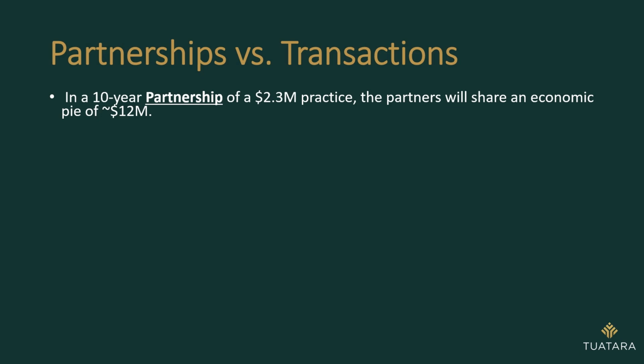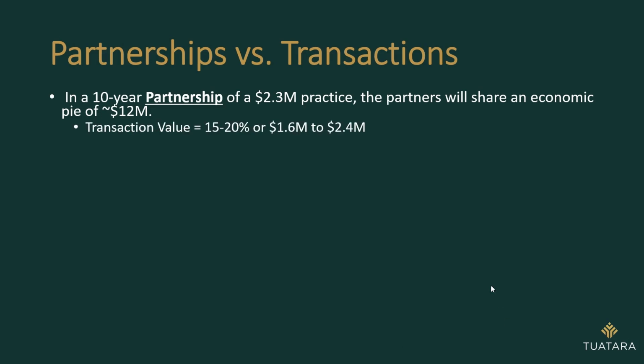Nothing wrong with that necessarily. Just want to be clear that we're not talking about succession plans. We're talking about partnerships. 10 years is the minimum for us. And with some of the clients that we've supported in this process, whether it's because they have a longer partnership timeline in mind or they're a bigger practice, we've seen economic pies greater than $20 million.